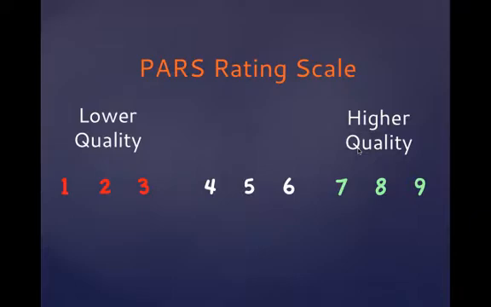The rating scale is broken down into a 1 to 9 scale, ranging from lower quality 1 to 3 and higher quality 7 to 9. I should say that the rating of number 1 and number 9 is very rare. It doesn't happen much.